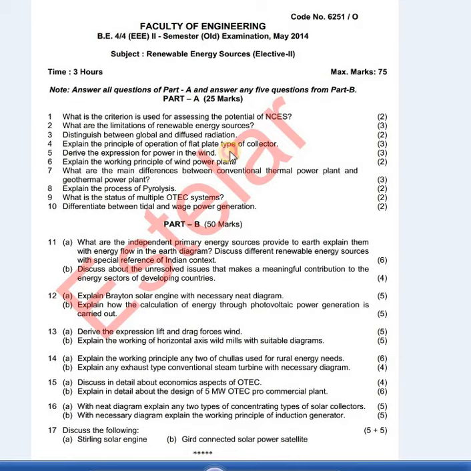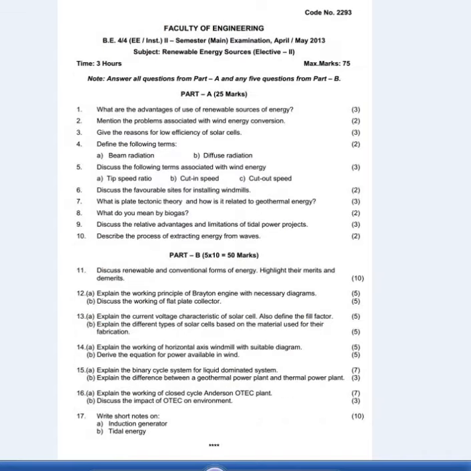Principle and operation of flat plate collectors, we have seen this. Again, beam and diffuse radiations and flat plate collector are relevant to your syllabus.